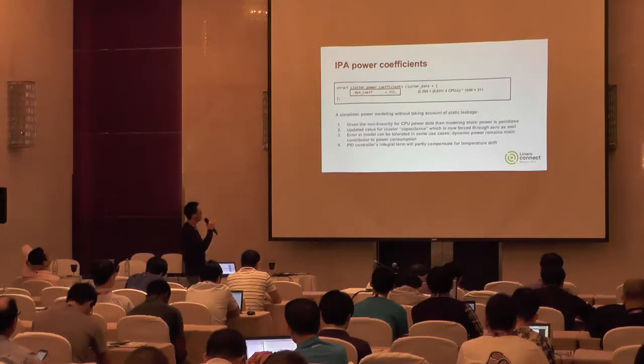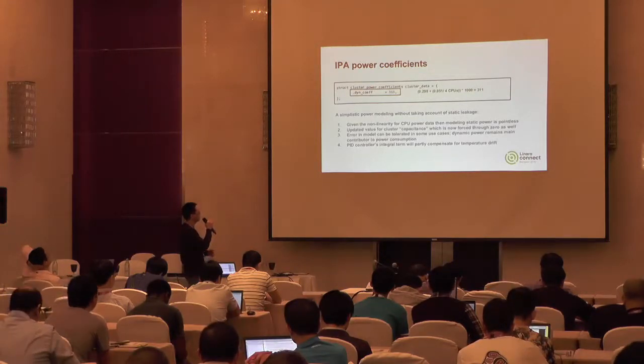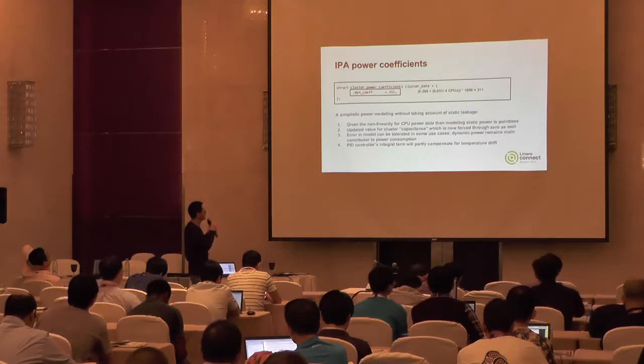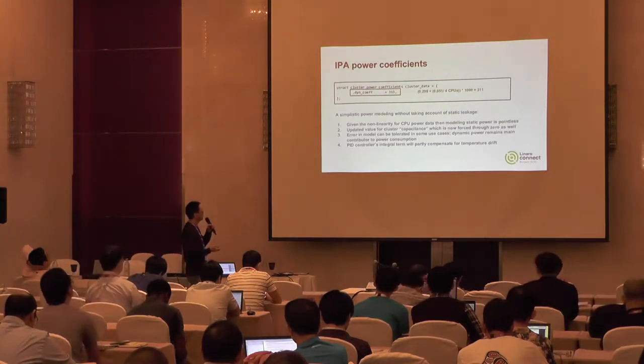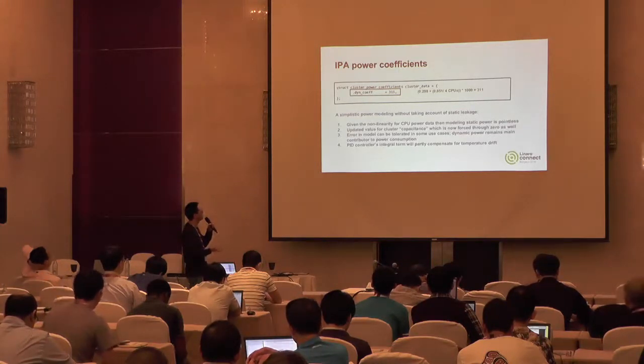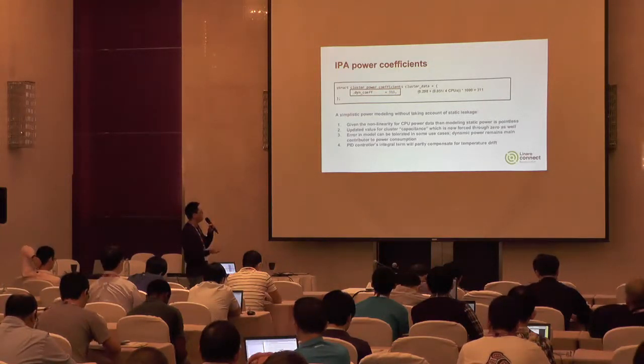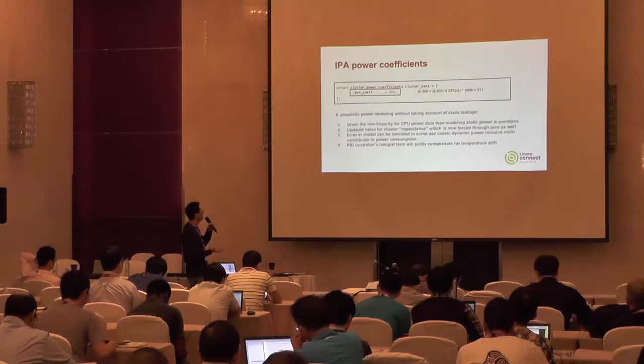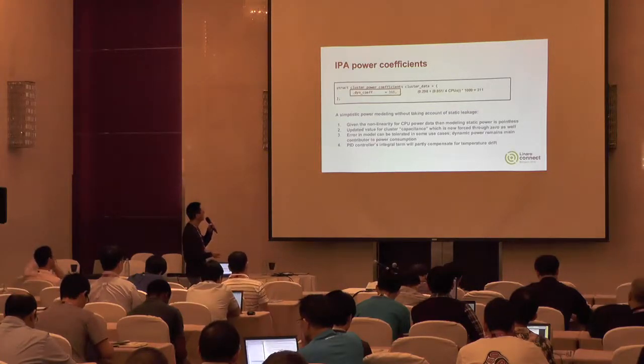We don't take account of the static leakage. Something to think about here is that just now we said that this is non-linear for the CPU power data. So the static power actually is a problem, and we update the value for cluster level capacitance, which is now forced through 0 as well.